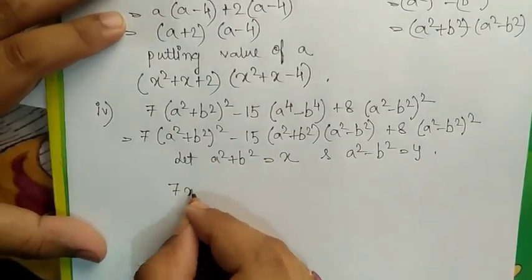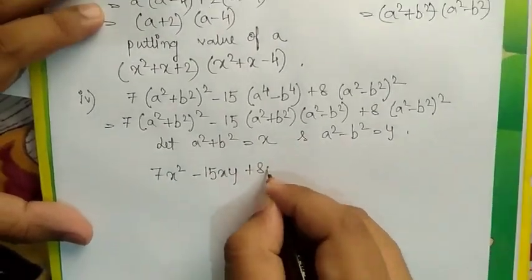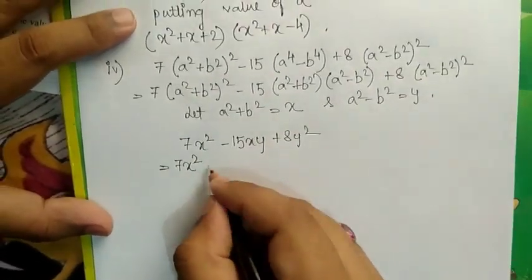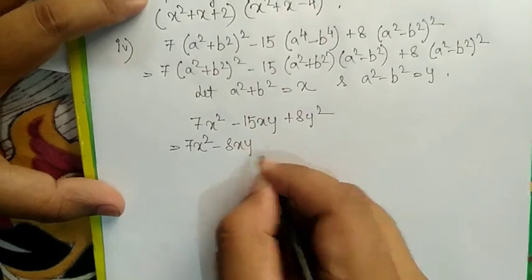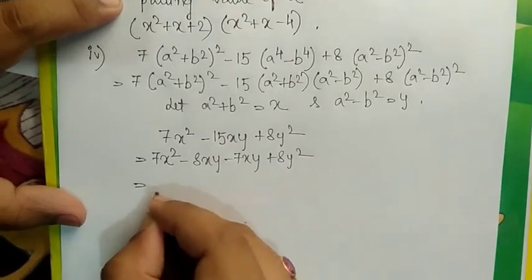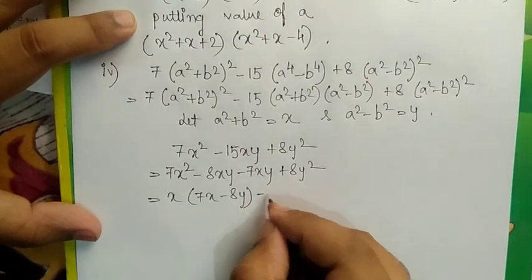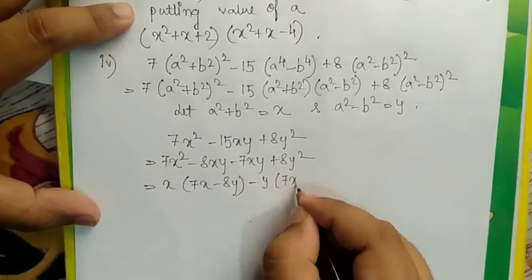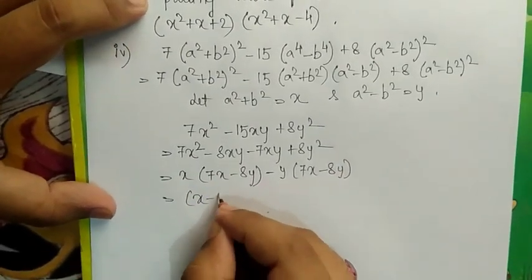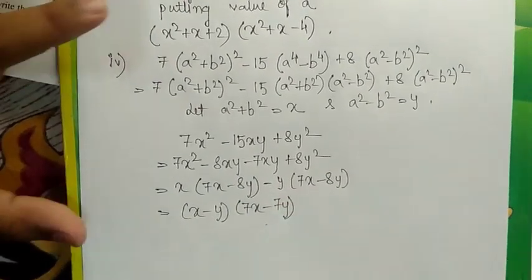Therefore 7x square minus 15xy plus 8y square, middle term: 7x square minus 8xy minus 7xy plus 8y square, x(7x minus 8y) minus y(7x minus 8y). So therefore (x minus y) and (7x minus 7y).